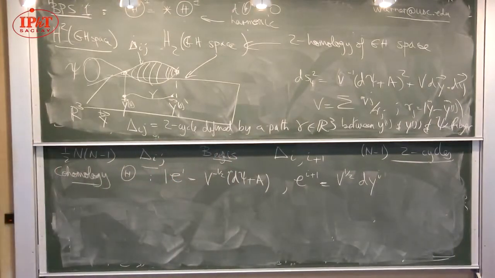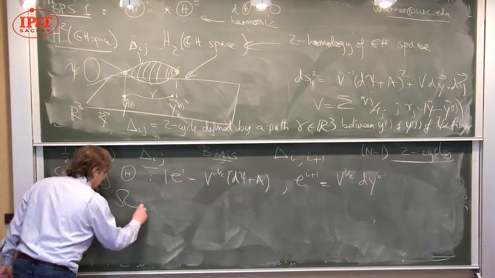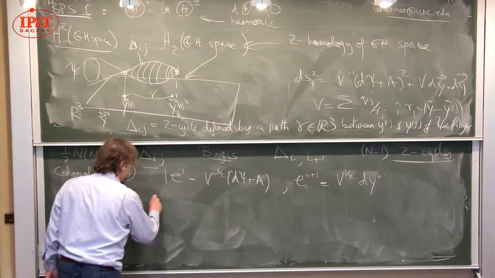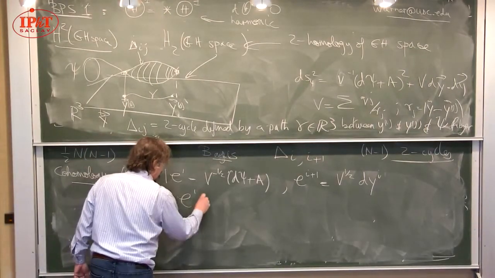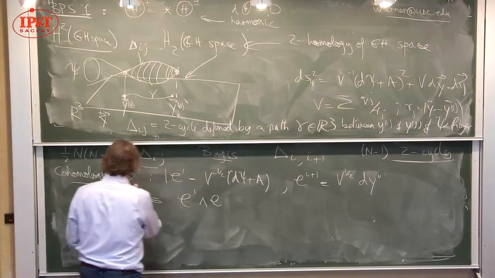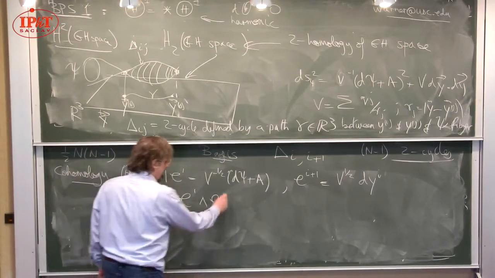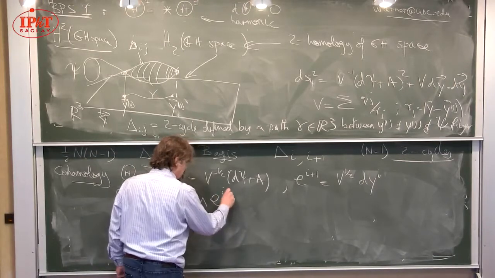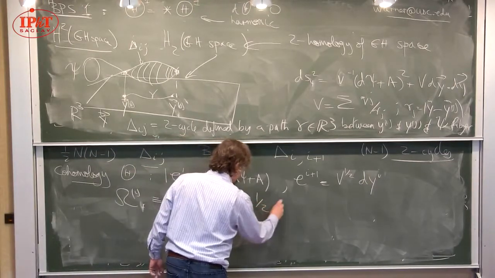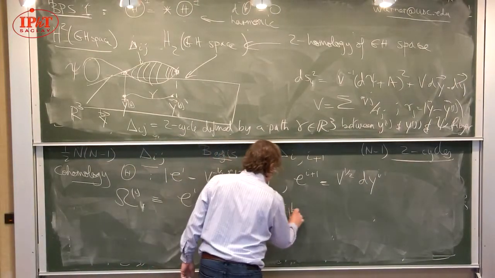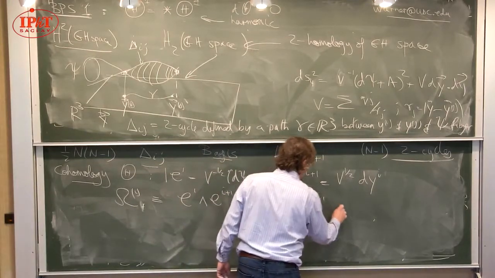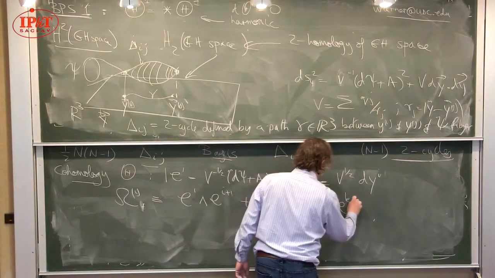That's another good exercise. It's in the notes. I digress. All of this to say I want to introduce omega plus, which are going to be a particular set of self-dual two forms. They are omega_i plus: I take e^1 wedge e^(i+1), plus 1/2 epsilon_ijk e^(j+1) wedge e^(k+1).